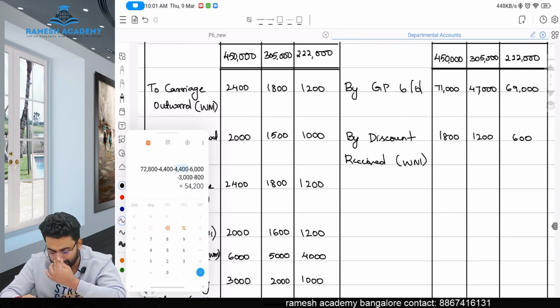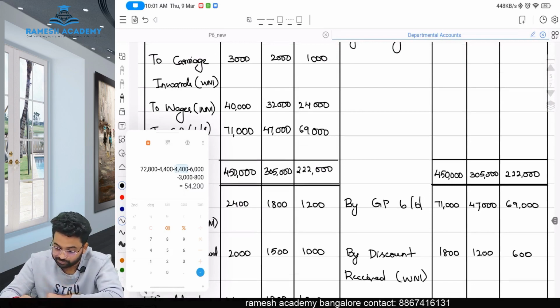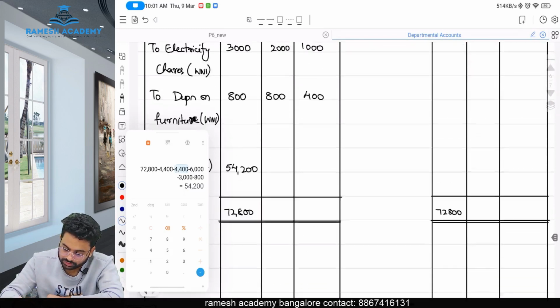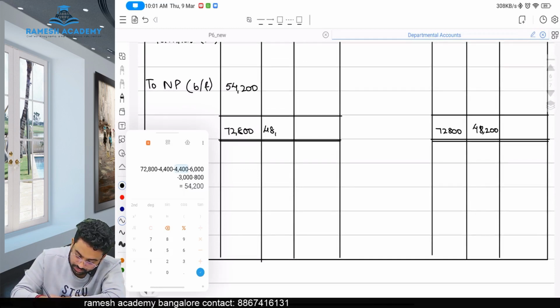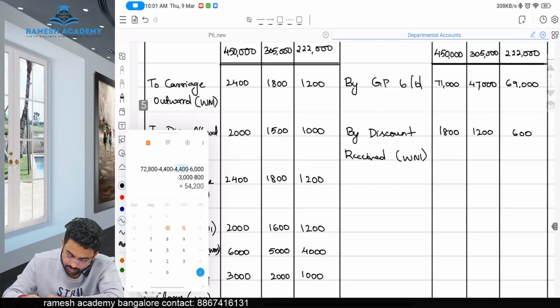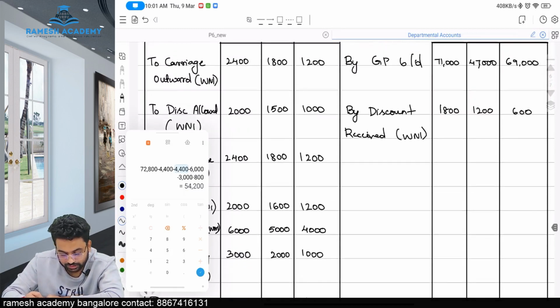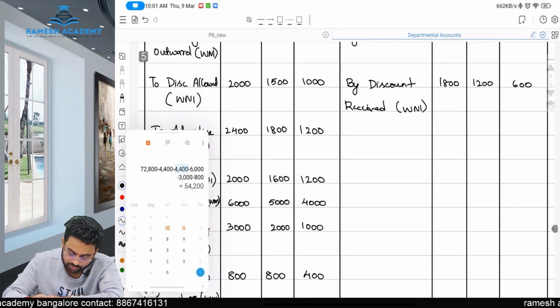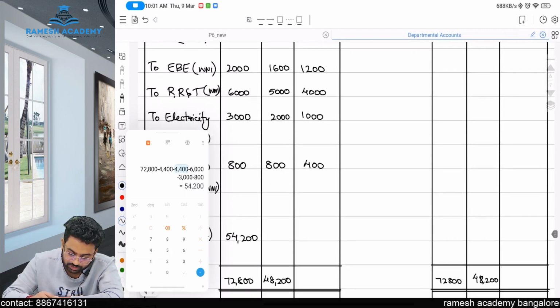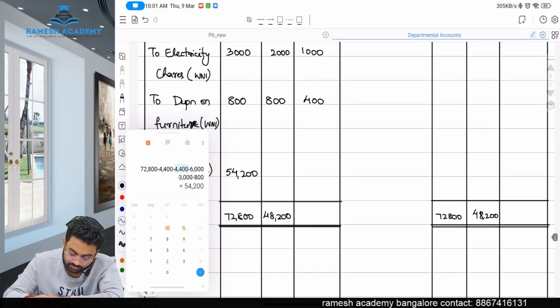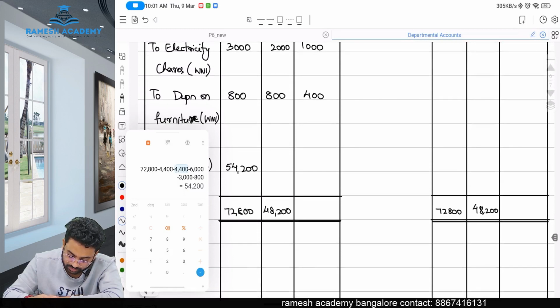Here it is 47,000. 47,000 plus 1,200 will come to 48,200. So it is 1,800, 2,300, 3,300, 4,100, 5,100, 5,700, 6,700, 11,700, 13,700, 14,500.